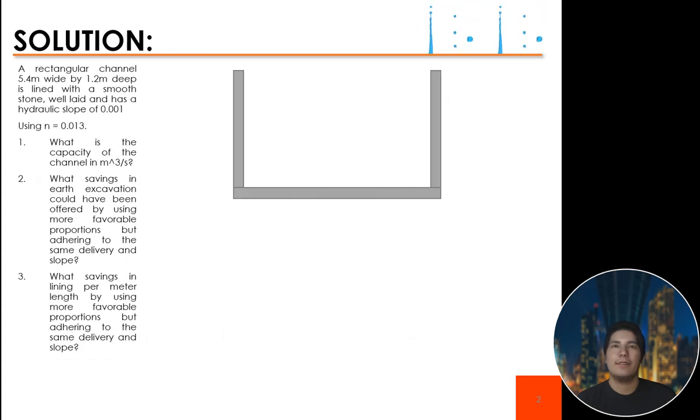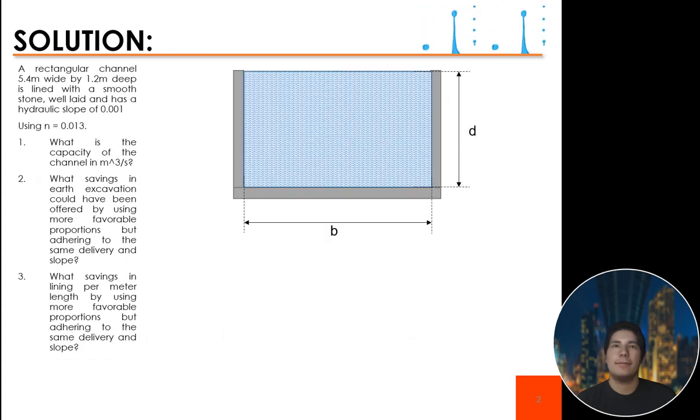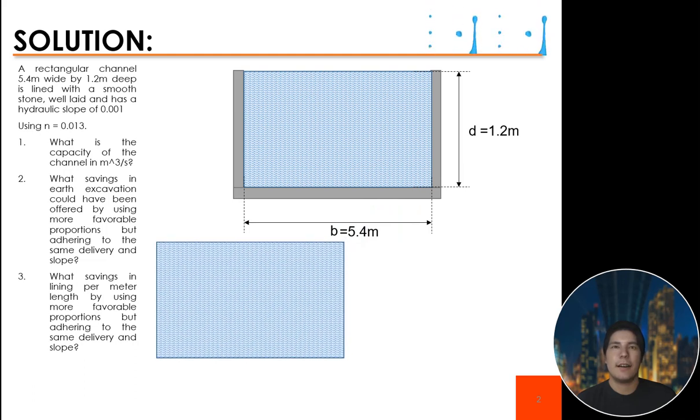So we have a rectangular section. We have B over D. B and D. So yung B is 5.4 meter. Tsaka yung depth ng water is 1.2 meter. Okay, so yung area bali is 5.4 times 1.2. We have 6.48 square meter.